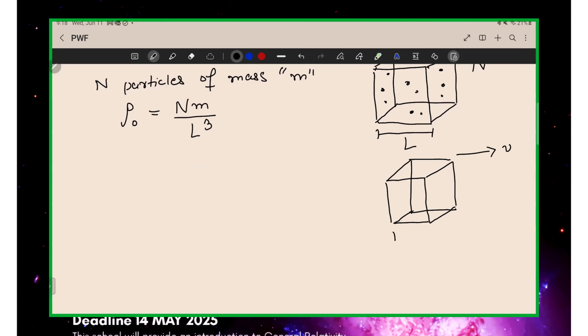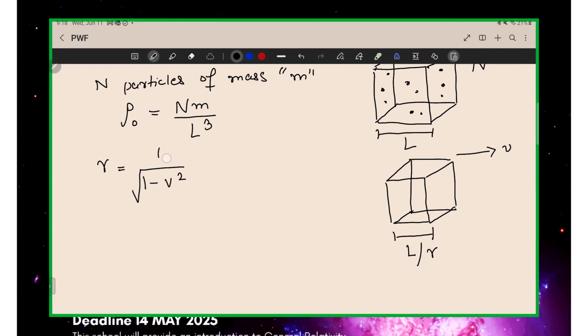Now, if that's the case, then we do know that we have length contraction, and this length will become L over gamma. Now, if you remember, gamma is just 1 over the square root of 1 minus v squared over c squared. But since c is 1, we will just take it to be this thing. So whenever I write gamma, it means this quantity. And I'm pretty sure you know that length contraction happens along this direction.